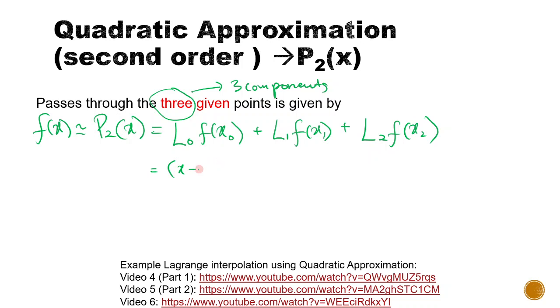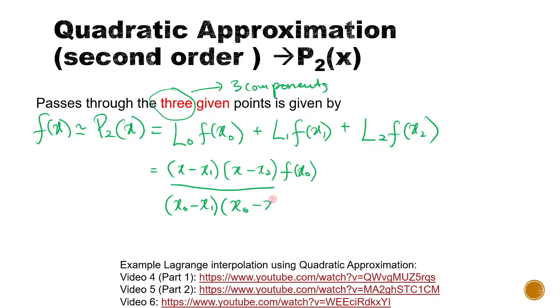Other than x0, this one is x1: x minus x1, and then times x minus x2, then multiply with f(x0), and then divide by x0 minus x1, and then x0 minus x2.